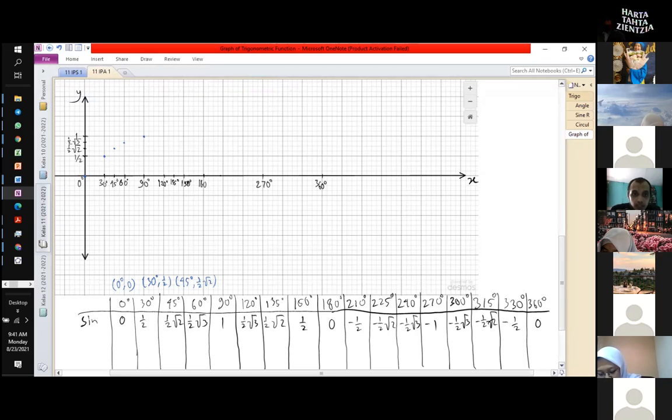You don't have to mark all of them, but just use what you need. Of course, it's probably better if you put all of these points on the graph, but it's probably not always possible. So just do the best that you can.